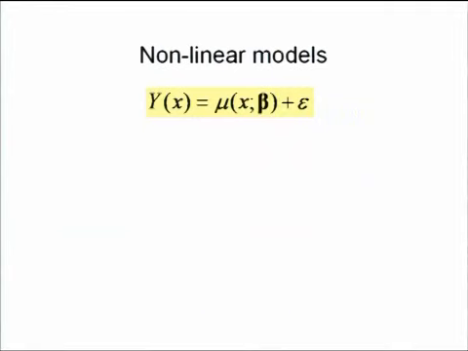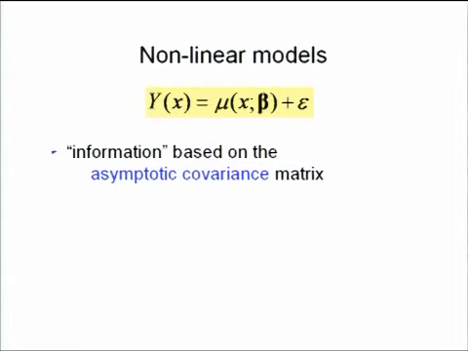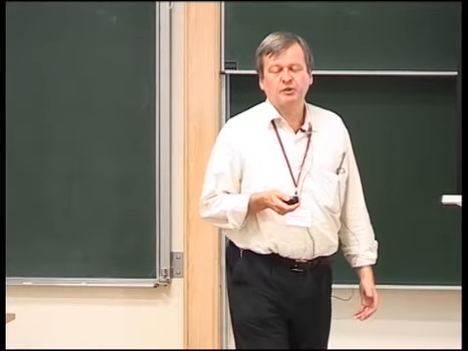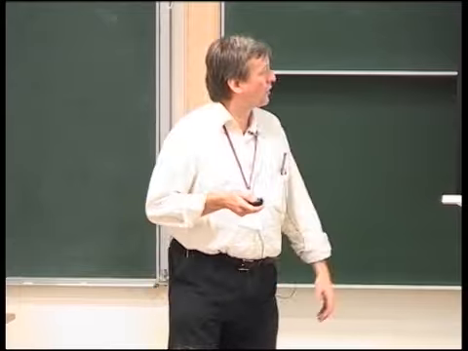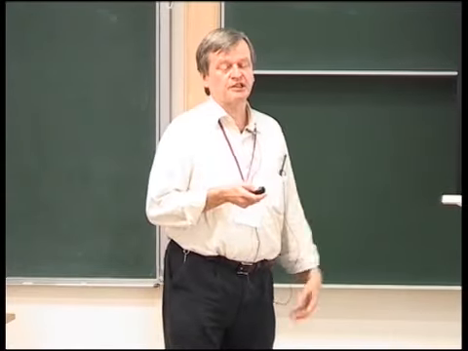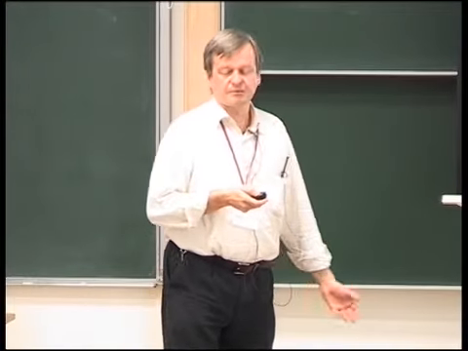Okay, now nonlinear models look much more complicated. We don't know the structure of the mean response, and just to notice, the information must be based on the asymptotic covariance matrix, or something similar, an asymptotic information matrix, which should measure the asymptotic covariance in a sense. And what is essential is which kind of estimator we are going to use, because in nonlinear models it's not so clear at all. We can use maximum likelihood.